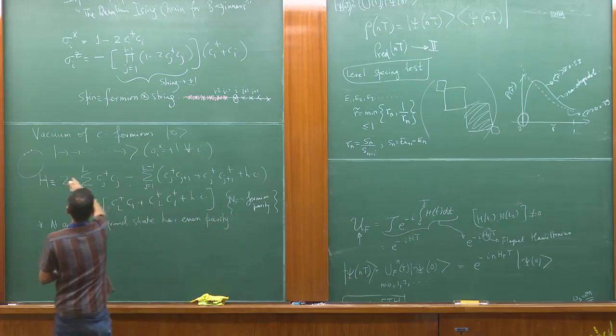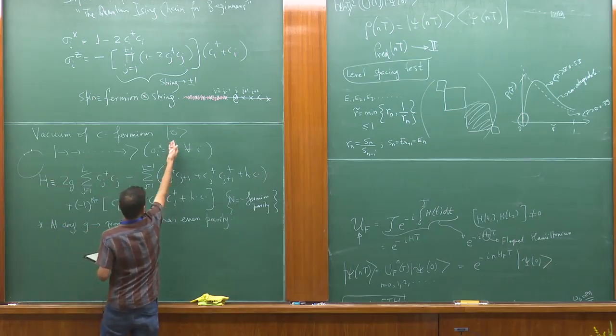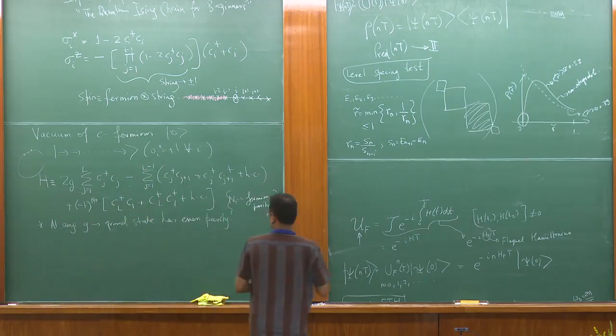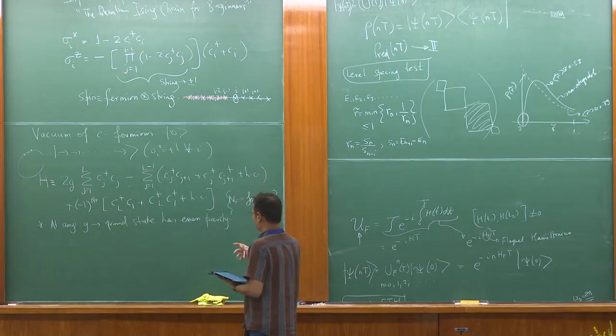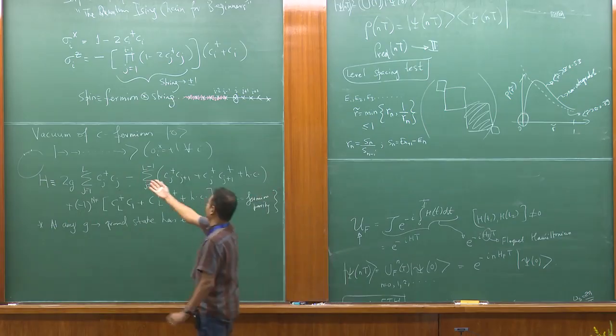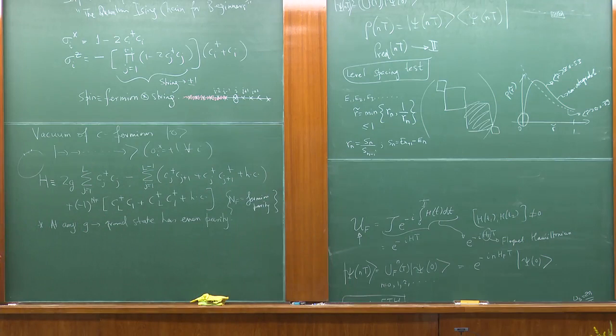At G tending to infinity, it's very simple to see, right? Because it's this state, and that's just the vacuum of fermions, so of course it has even parity. Okay, good. Now suppose I'm only thinking of situations where either I start with this state, or I do a quench or a periodic driving from some other ground state at some other coupling.